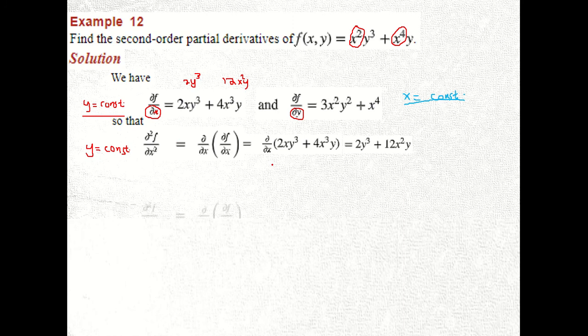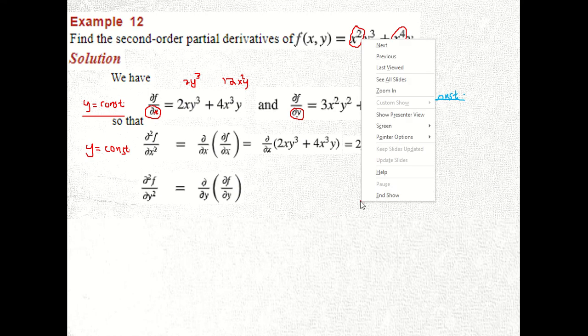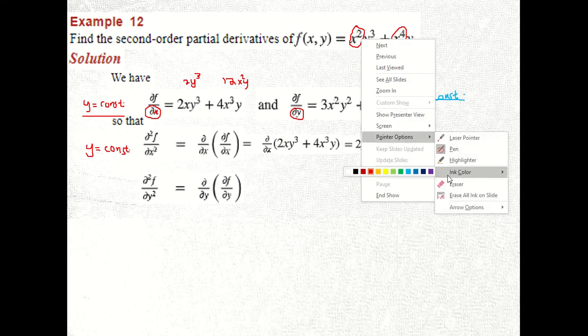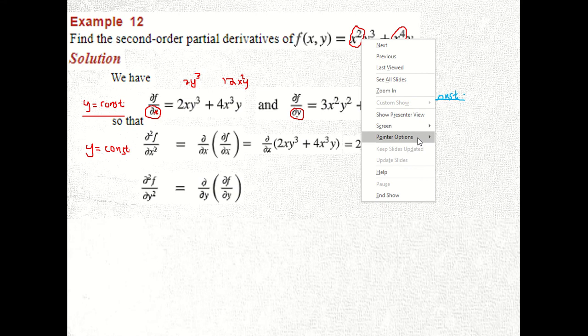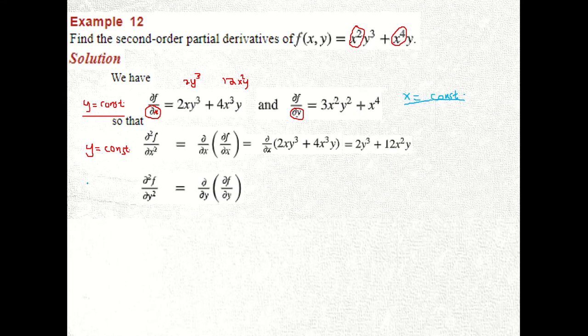Next, this time we are differentiating partially with respect to y twice. It is denoted by the symbol f sub yy. For this part, we need to hold the variable x as constant.